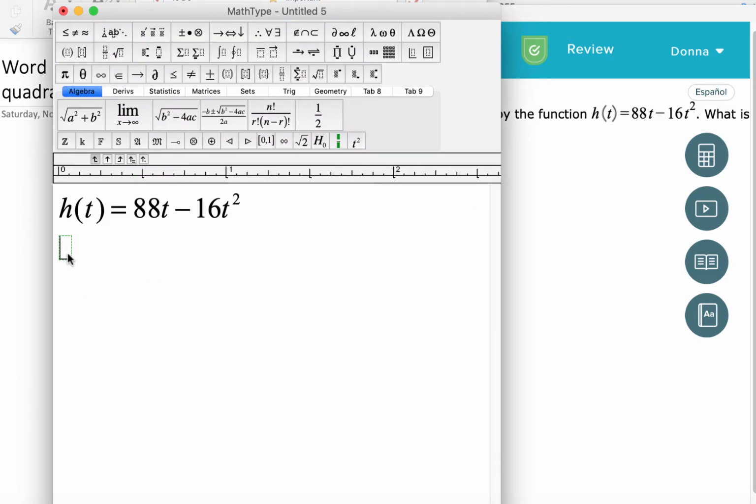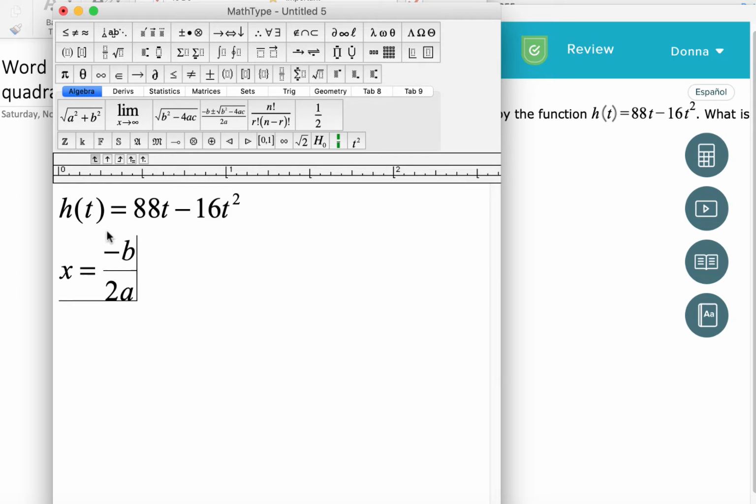So now that I have it open, we use the formula x equal to the opposite of b divided by 2a to find the x value of the vertex.